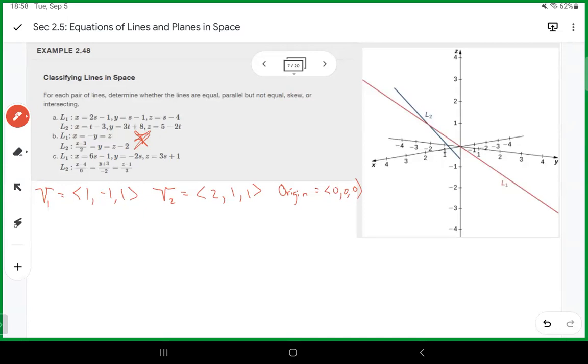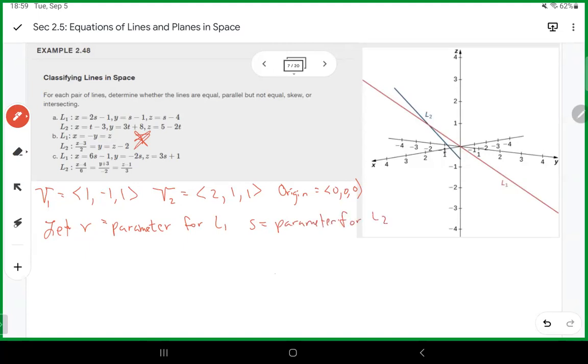Okay. So then if we check out what we're given, the lines are not parallel or equal, so we're gonna let R equal the parameter for line 1, and we're gonna let S be the parameter for L2.